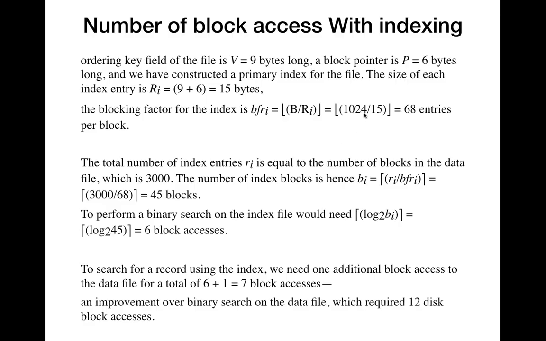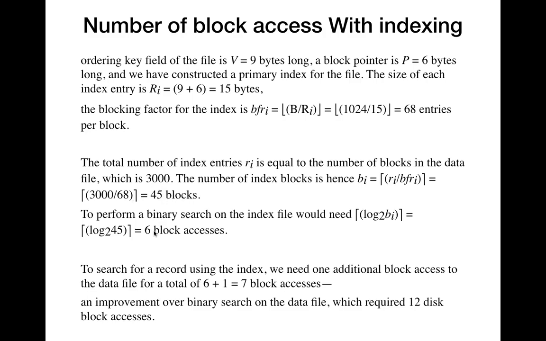Now if you are going for indexing, each index entry is 15 bytes, that is 9 plus 6, 15 bytes. So block size is 1024. We can have 68 index entries, and there are a total of 3000 blocks, so there should be 3000 index entries, and 3000 index entries can be stored in 45 blocks because 68 index entries can be stored in a single block.